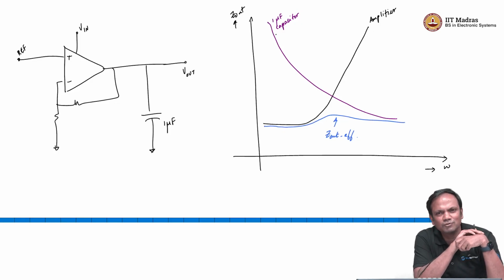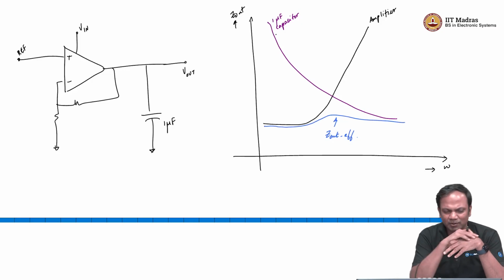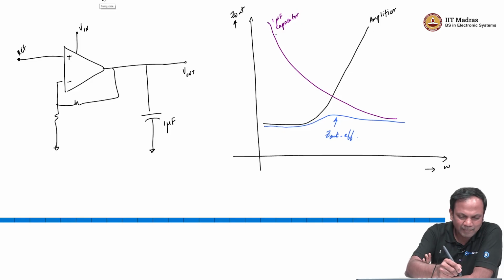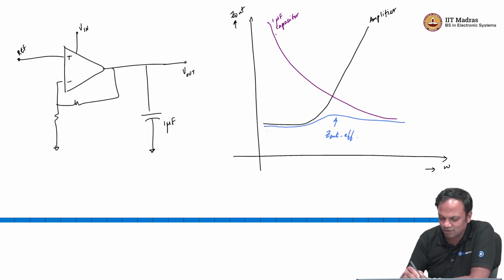You would be surprised to find that Z out effective started off lower, but while this is your expectation, what will likely happen is that your Z out effective will do this and then start rising.